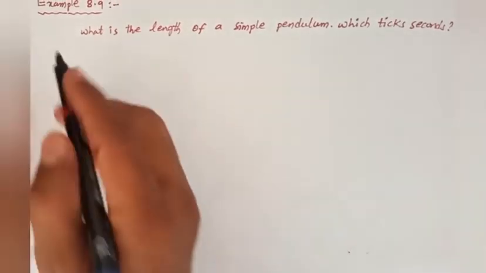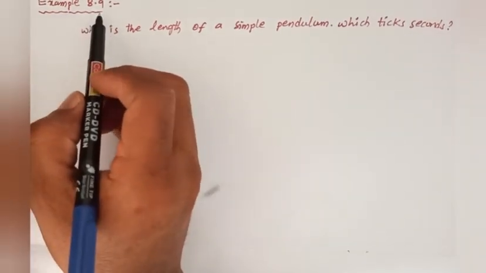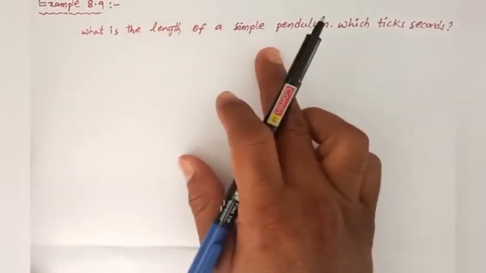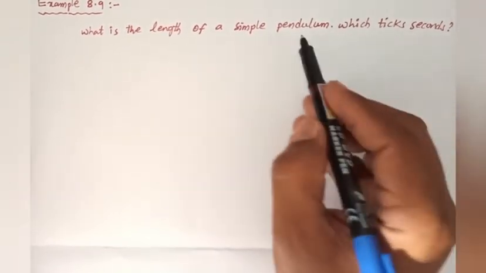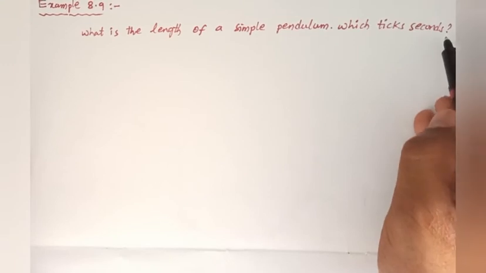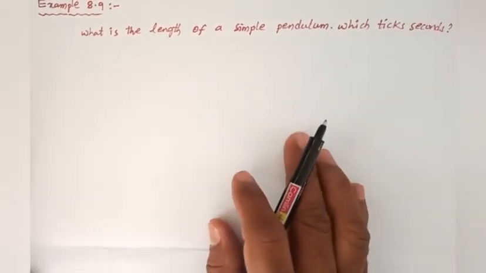Now we will discuss example number 8.9. What is the length of a simple pendulum which ticks seconds? It is a seconds pendulum.